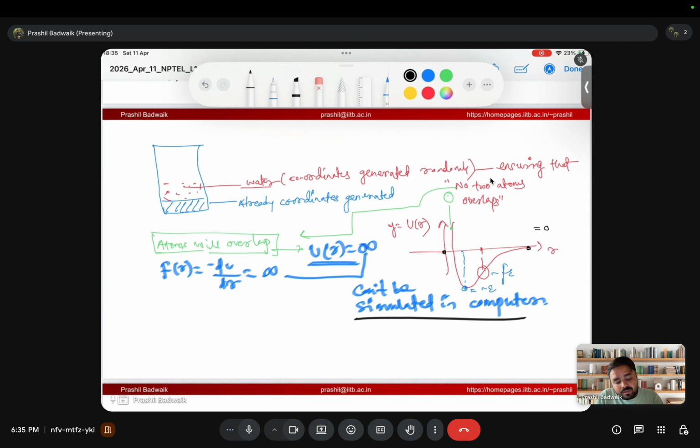So now, since we have generated the coordinates, we took care that the coordinates are not overlapping. That means our system is having some energy. But still, you can see from this curve, if two atoms are not overlapping but they are very close, then the energy is also very high.